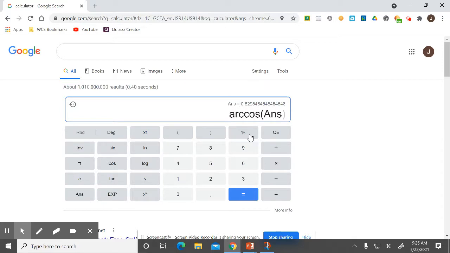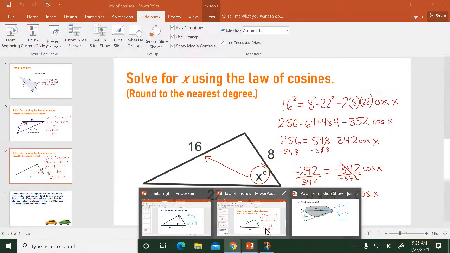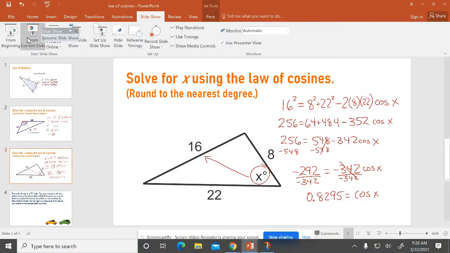And I'm going to take the inverse cosine of that number, and there we go. It gives me 33.9479, etc., which is approximately, if I round to the nearest degree, approximately 34 degrees.